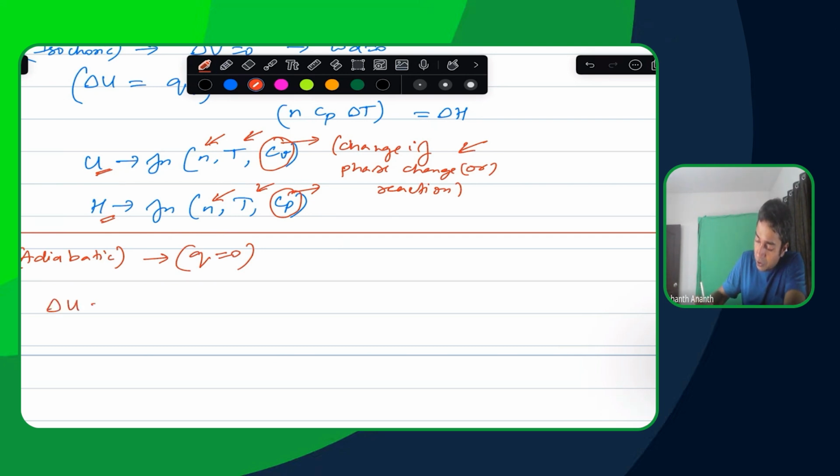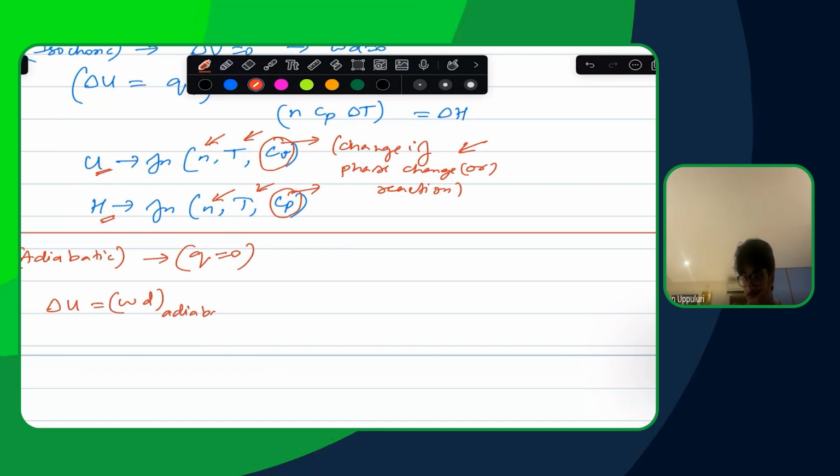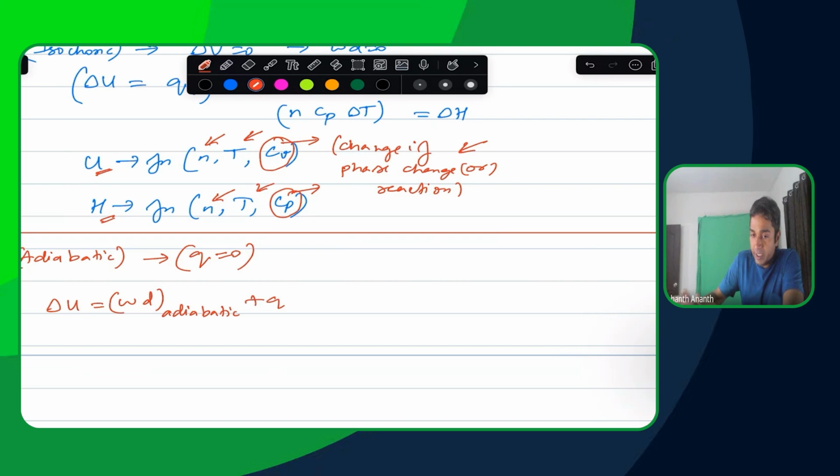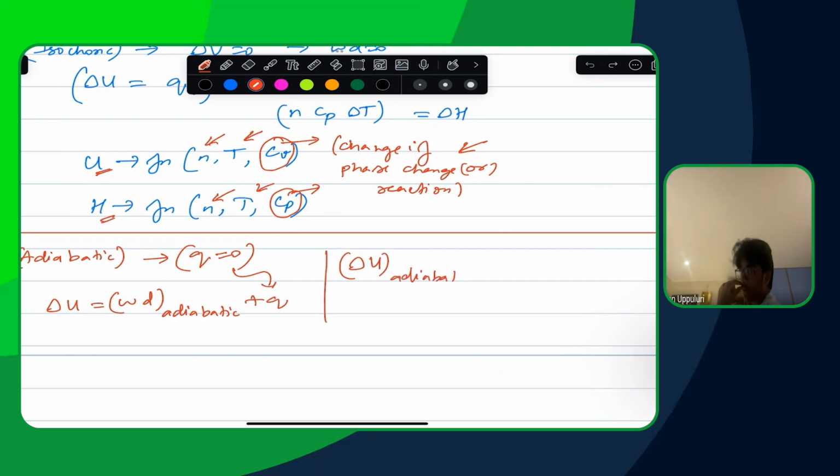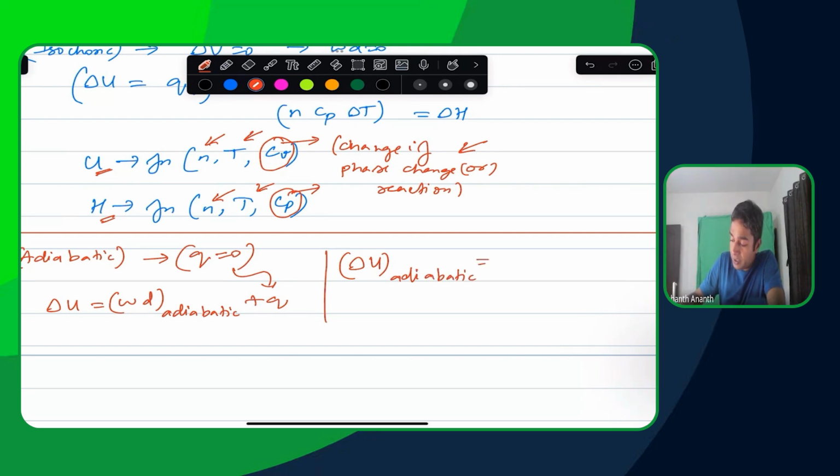I have delta U equal to work done adiabatic, plus, of course, heat, but the heat is zero. So this is zero. That means I will straight away have delta U for adiabatic equal to work done adiabatic. Correct? Yeah.